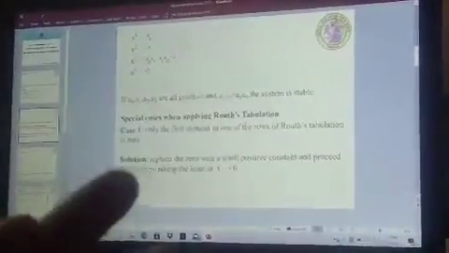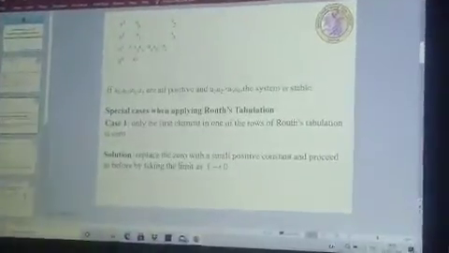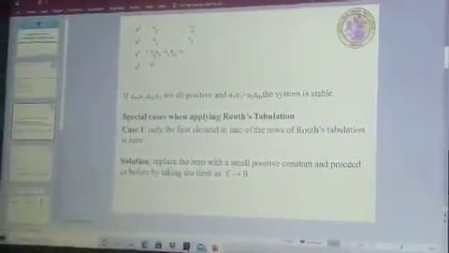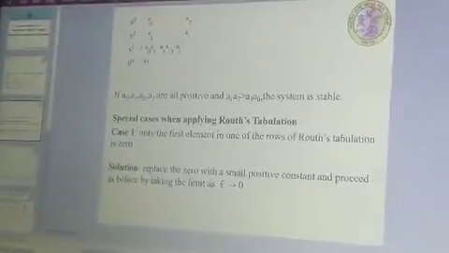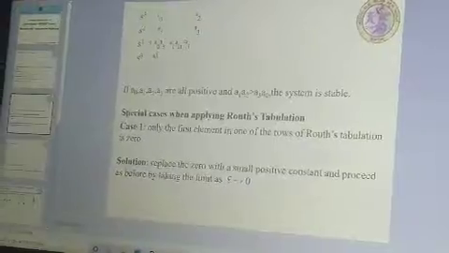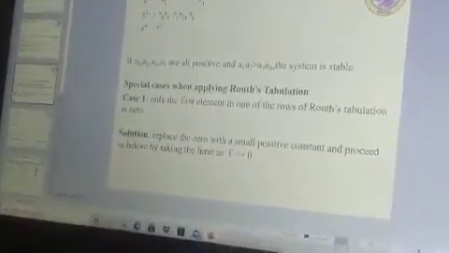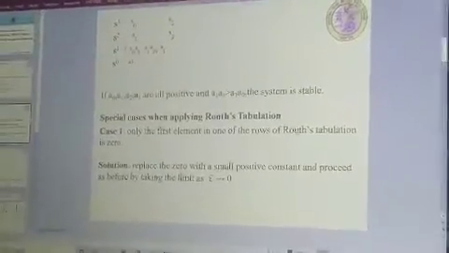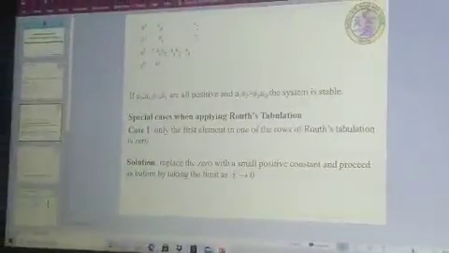Without completing everything, for first order, second order and third order polynomials, by forming this Routh array, you have to observe A1, A2 and A0, A3. If the A1, A2 product is greater than A3, A0, then that indicates the system is stable.